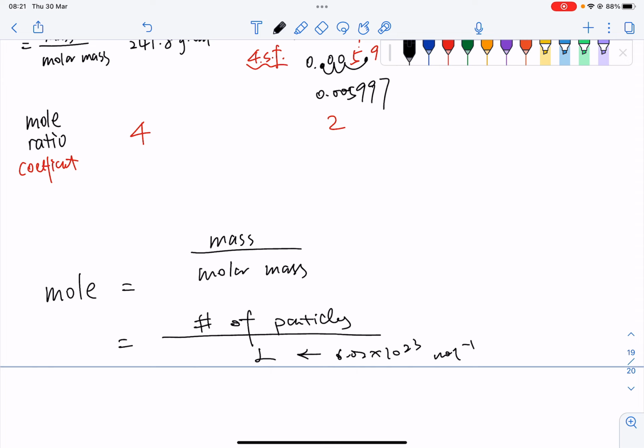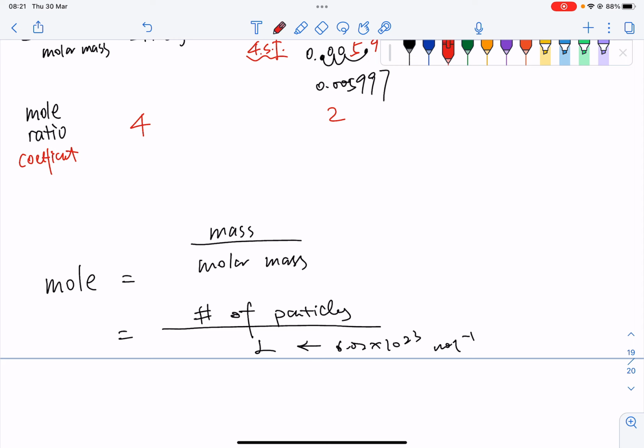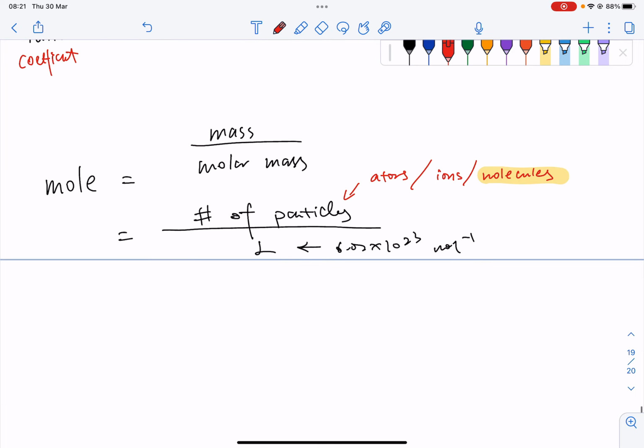Remember, particles can be either atoms, ions, or molecules. Here the question is asking about the oxygen molecules altogether, so we will simply use O2.